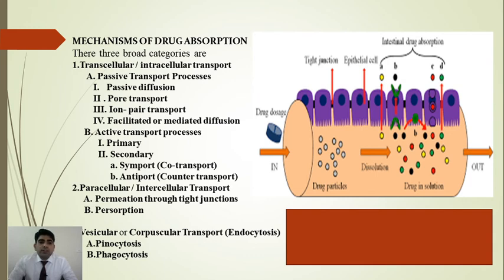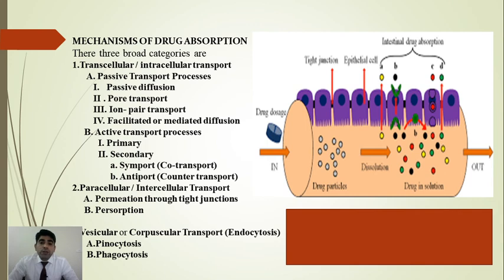The second one is paracellular. As you can see the blue lines, there is an arrangement of the cells. In between these cells there are free spaces, called interstitial spaces, or tight junctions, in which the drug can enter and directly reach the other side. So this is another pathway through which the drug can cross the biomembrane.